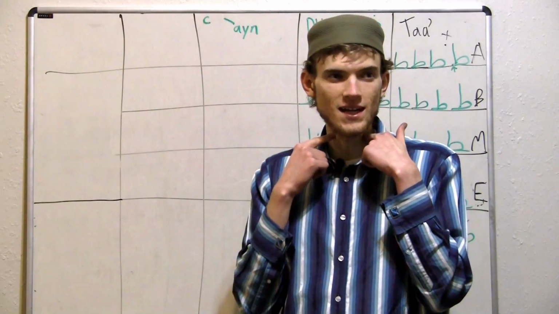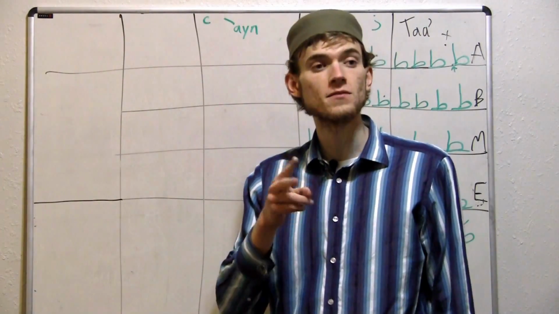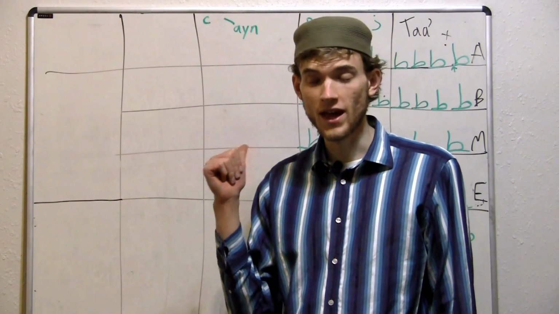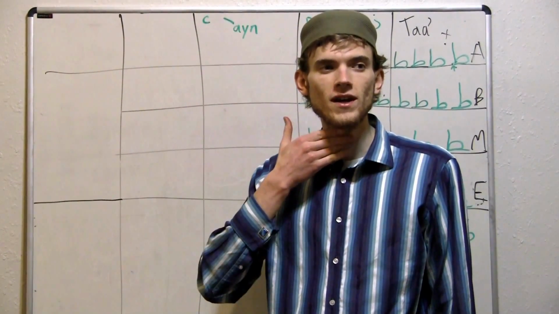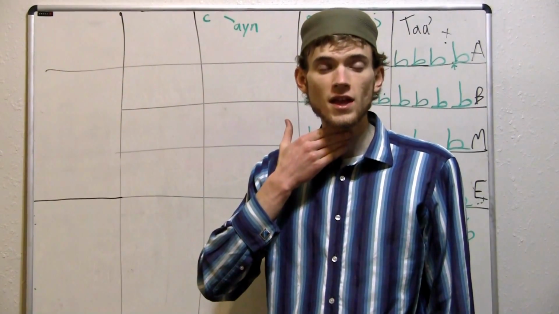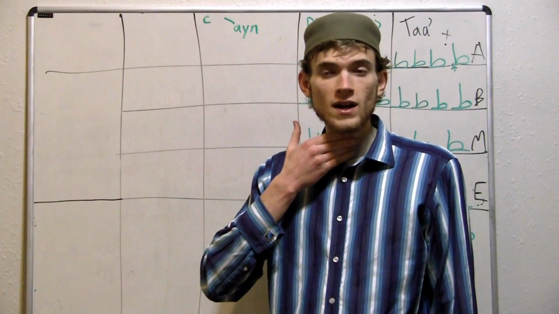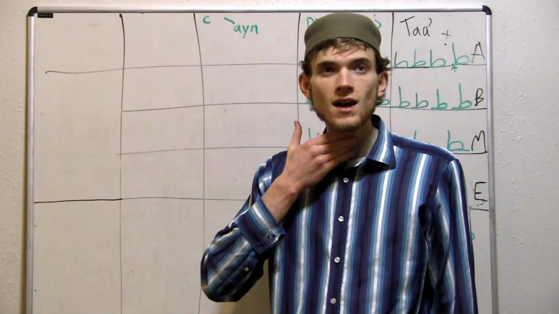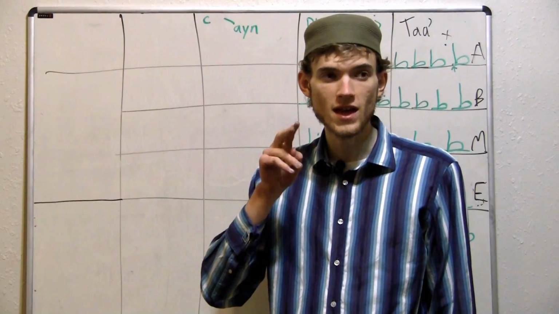The difference between da and ta, the sounds T and D in English, we've talked about this before, just like the difference between tha and the Arabic letter dhal, is that for the dhal, there's vibration going on in the vocal cords, right here. Everyone say that again for me. Tha, put your hand on your throat, say tha, and dha. That's the difference between the tha and the dhal.